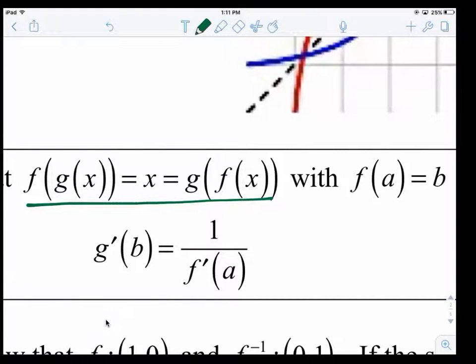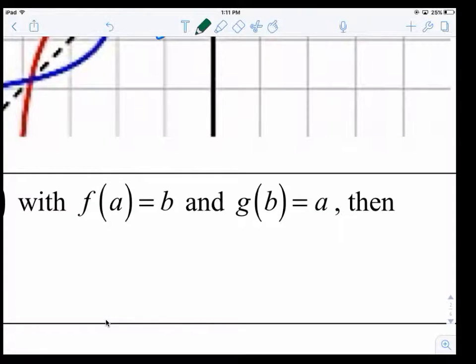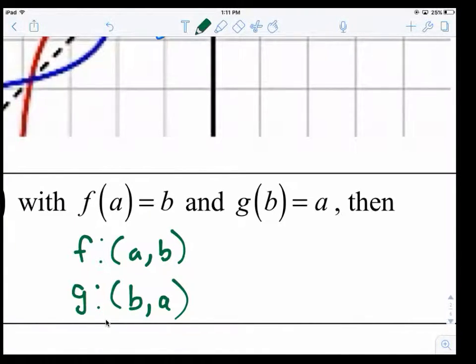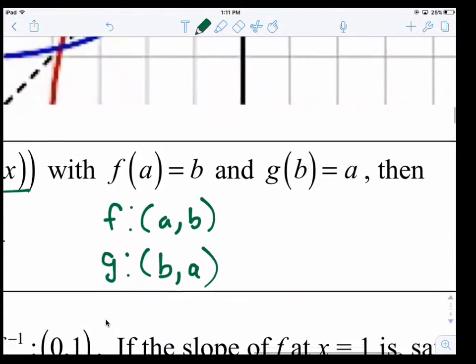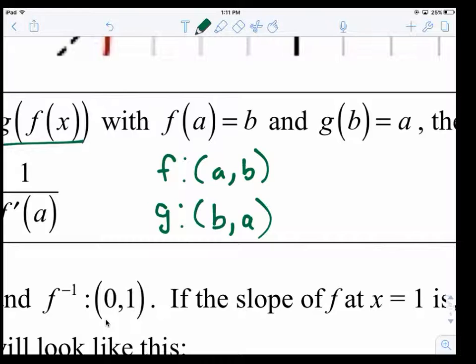All right, and then the next part, they'll usually give you a point. So if f has a point at (a, b), then g has to have a point at (b, a).